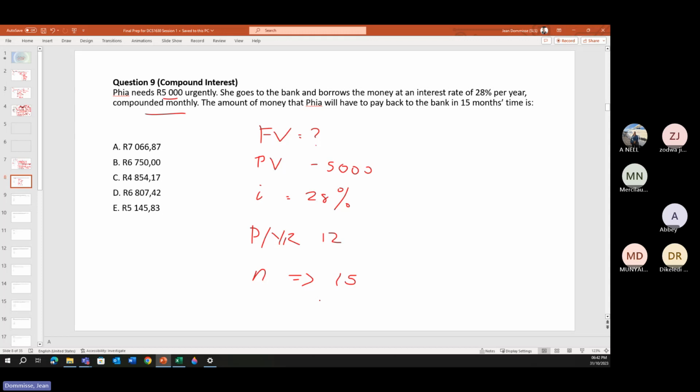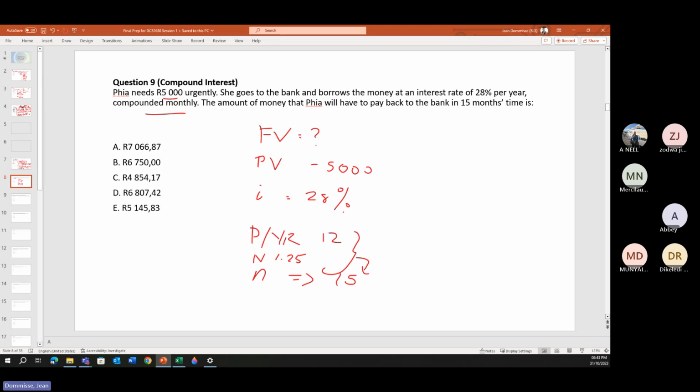So how I will get to that is to say that we will have 1.25 N, so that our total periods is 15 periods. So let's see, what else do we need? Nothing else. So let's calculate that.